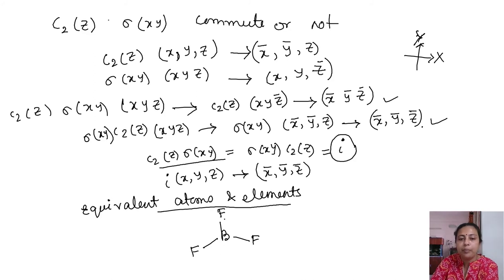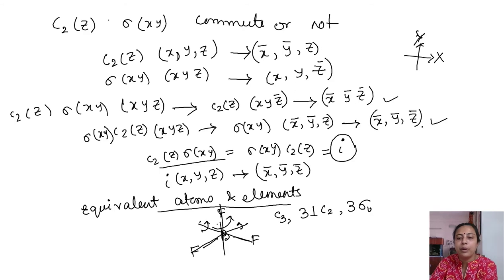Not only that, it would have three perpendicular C2s. If you rotate the molecule by 180 degrees along the axis passing through boron and fluorine, this fluorine will come over here and this fluorine will go over there to give a similar structure. So I'm going to have one C3 and three perpendicular C2s. Of course, it is going to have three sigma V's as well.